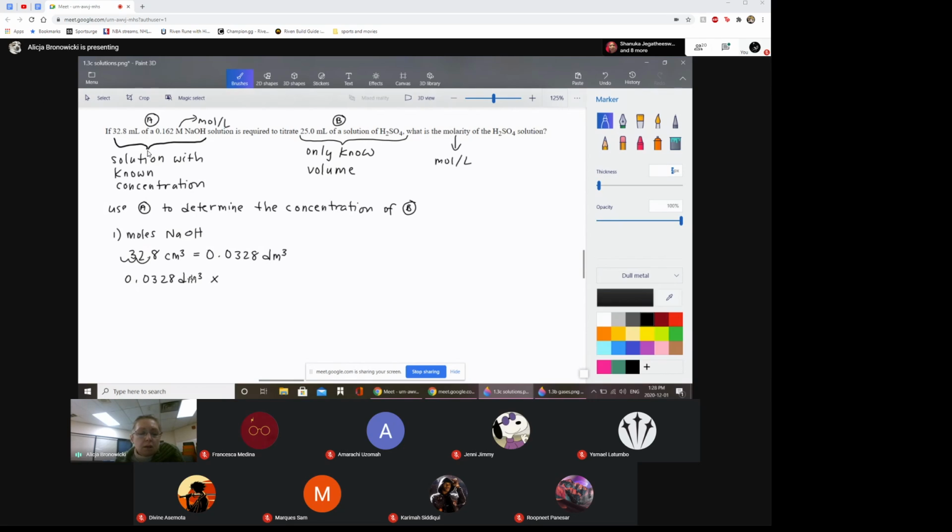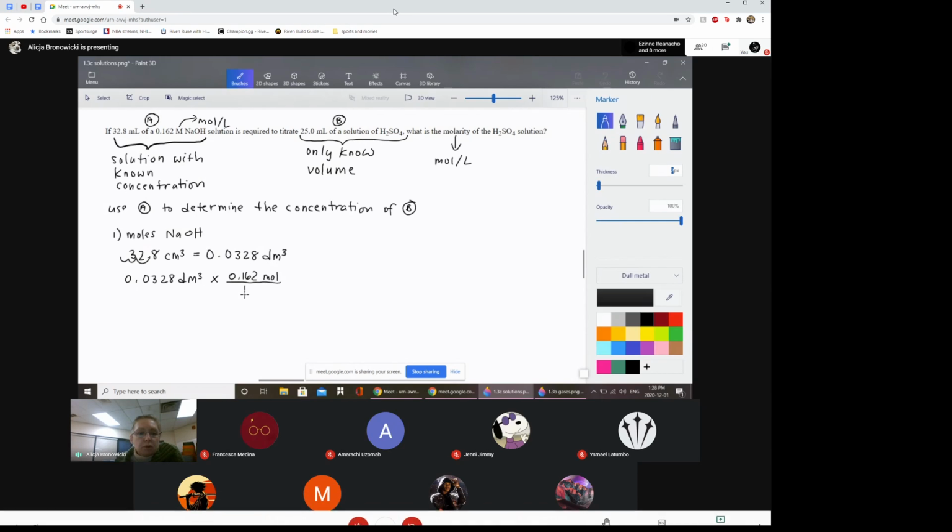Okay, I'm going to take the volume of NaOH that I've used and I'm going to multiply it by the concentration. So that is 0.162 moles per liter.